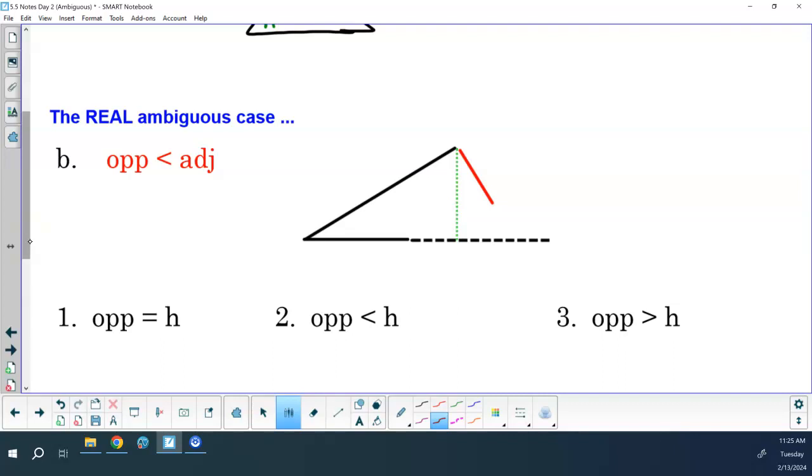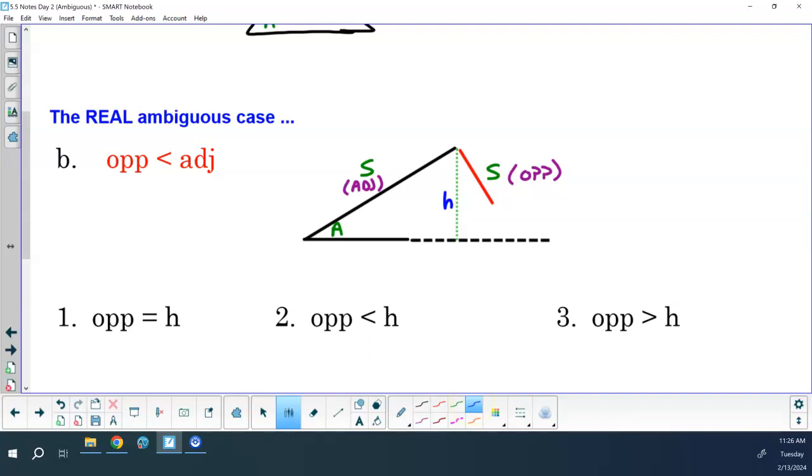Okay? So here would be my angle, here would be my side, and here would be my side. And this side is going to be the adjacent side. This side is going to be the opposite side. Okay? So the first thing that you need to find is the height of said triangle.